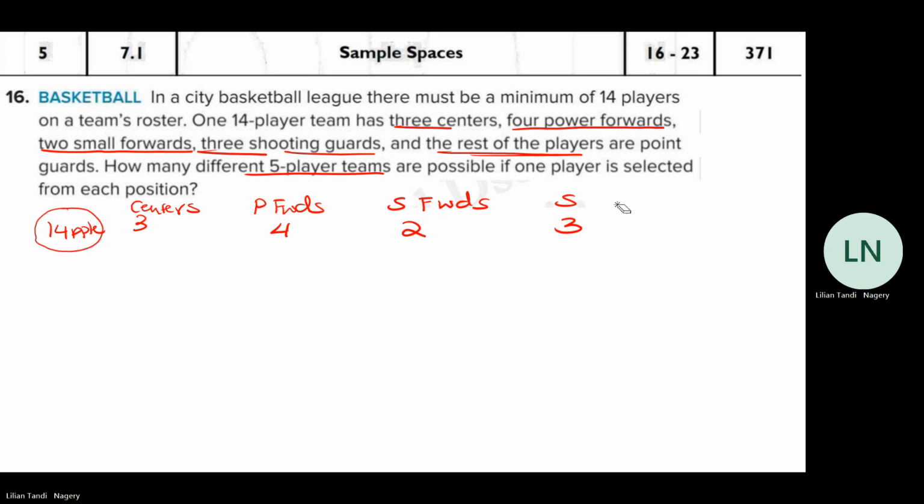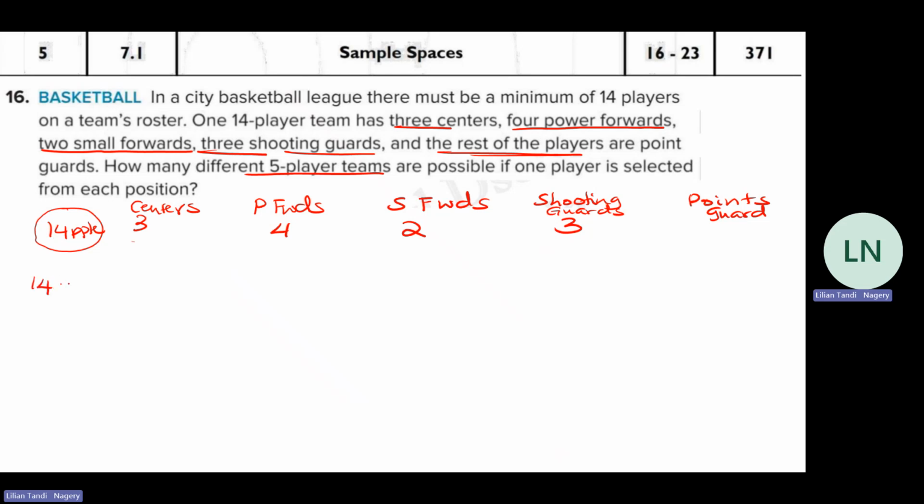Okay. So shooting guards, and then you have point guards. Now you need to know how many are point guards. So point guards, you're going to add all these values and subtract from 14.